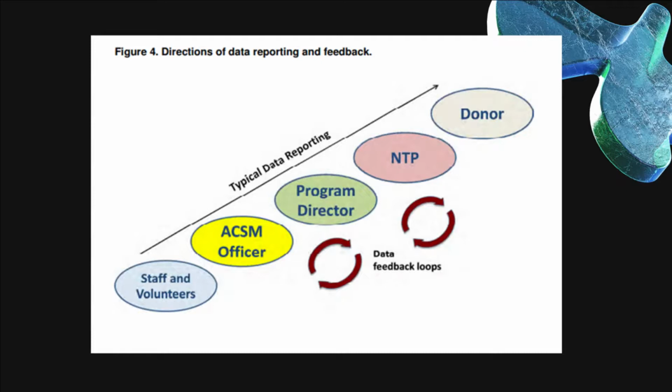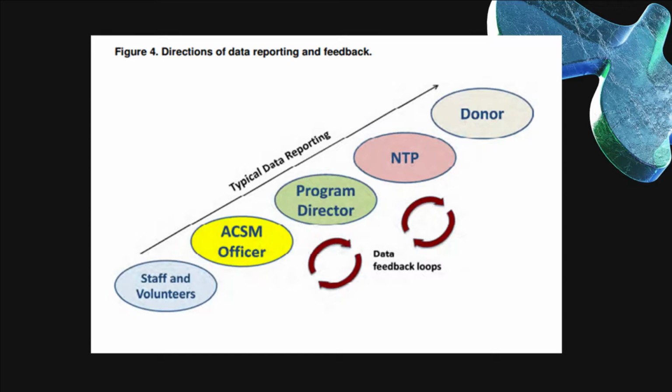The donor is the highest in the position because they provided resources and financial implications in decision making of such ACSM, wherein the NTP and the program director decides on this matter of what is the best thing to do, and the ACSM officer to deliver to the staff and volunteers, especially from the implementation as well as in monitoring and evaluation group.